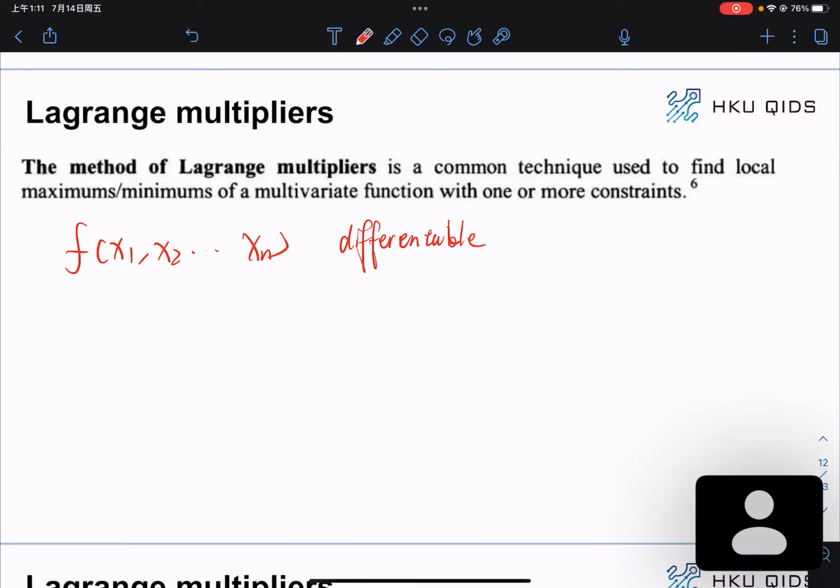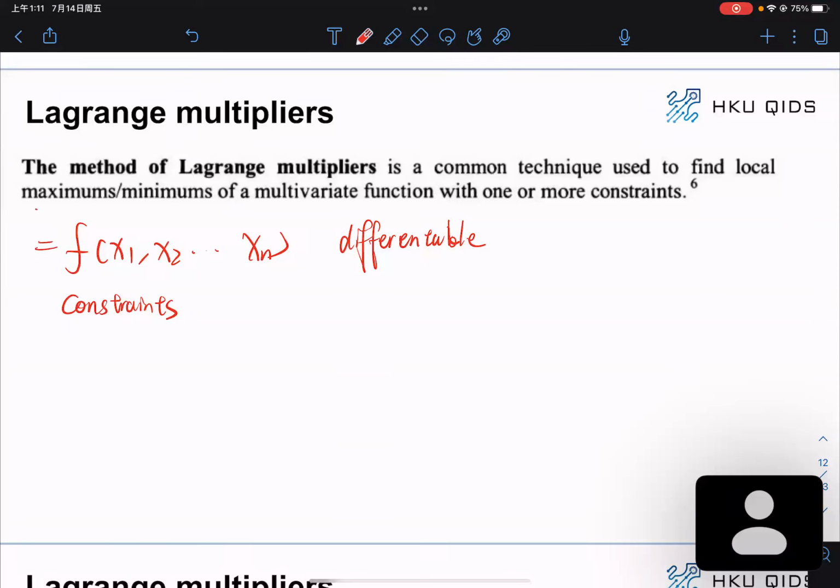And now we are going to maximize or minimize this function subject to a few constraints. It's actually quite common in linear programming. It's a super large topic called operations research, right? So the constraints.